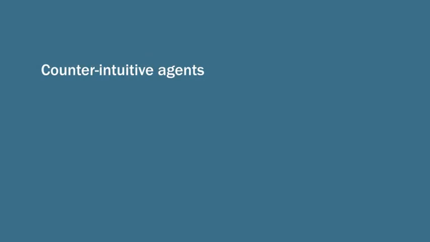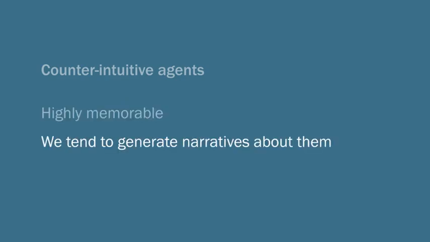And what happens when we postulate the existence of these so-called counterintuitive agents is that they tend to be highly memorable. So when we think about the sorts of entities that we describe in folk literature, talking trees and so on, or invisible agents, agents that don't have bodies, these tend to be very memorable for us, and we tend to generate narratives about them. It's a truth about human culture that we're liable to generate narratives about these counterintuitive agents.